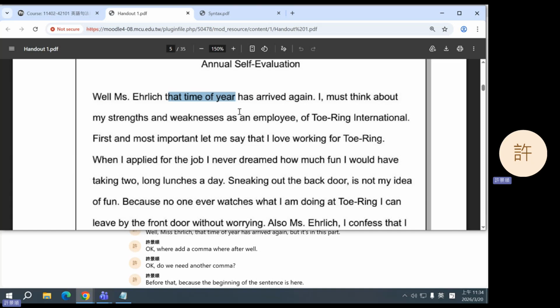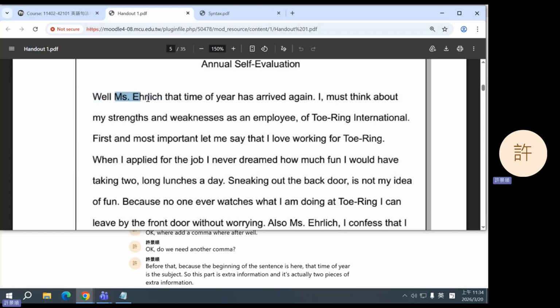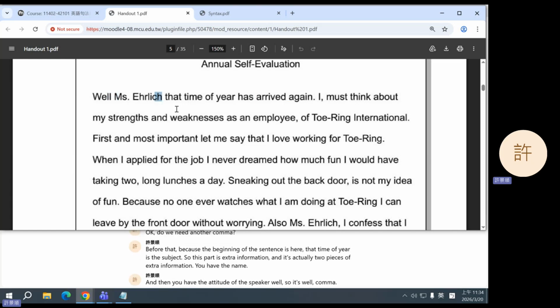Before that, because the beginning of the sentence is here. That time of year is the subject. So this part is extra information, and it's actually two pieces of extra information. You have the name, and then you have the attitude of the speaker, well. So it's well, comma, Ms. Ehrlich, comma.